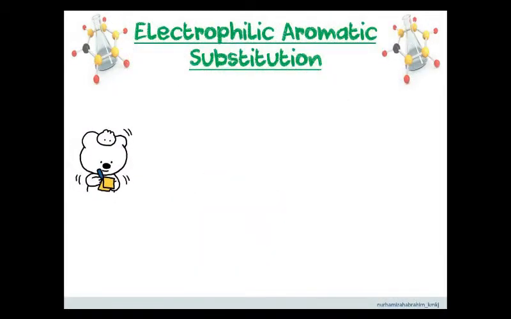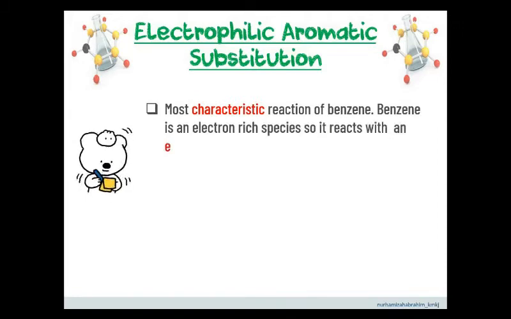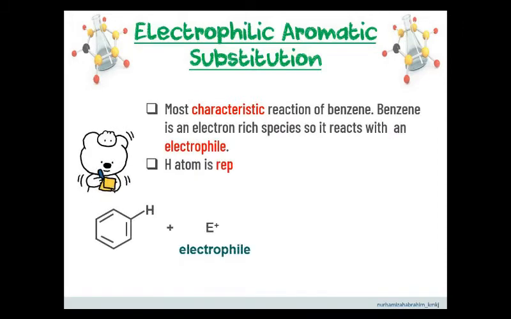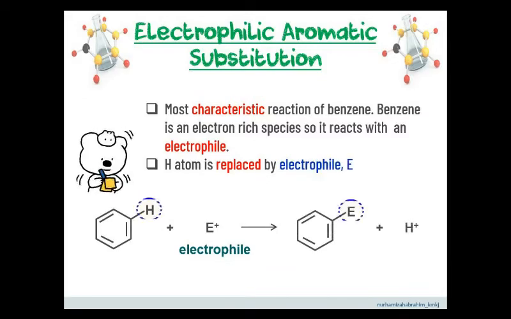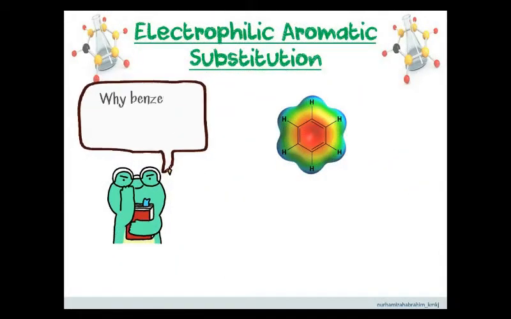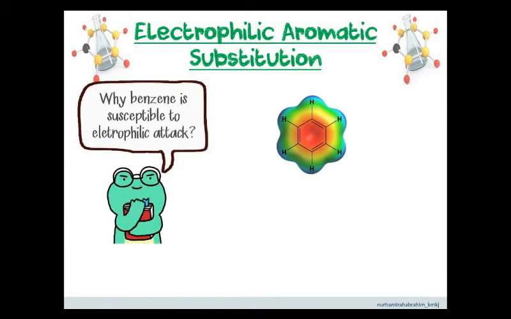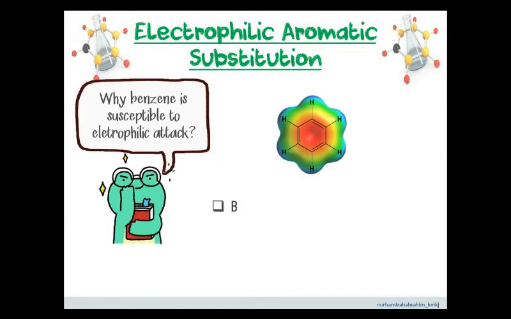Electrophilic aromatic substitution reaction is the most characteristic reaction of benzene. Benzene is an electron-rich species, therefore it reacts with an electrophile, where the hydrogen atom on the ring is replaced by the electrophile, E+. As stated before, benzene is susceptible to electrophilic attack because the benzene ring contains a high electron density.